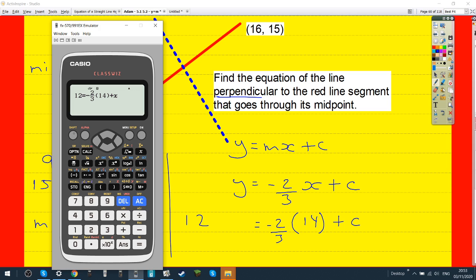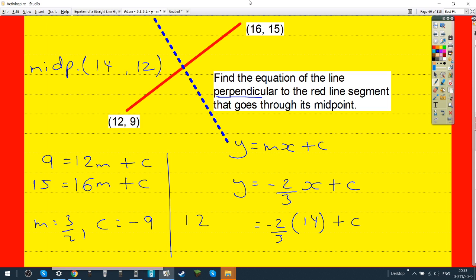And then you plus 28 over 3 on both sides, which gives you 64 over 3 equals c. Yep.